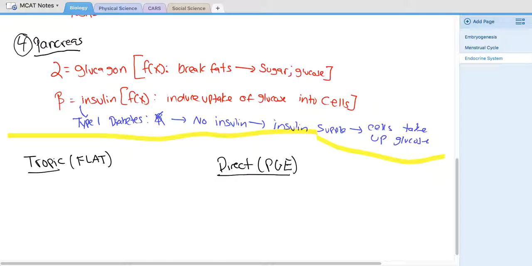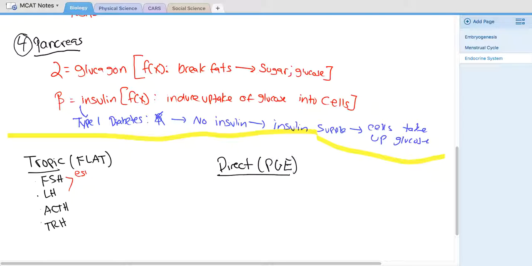Okay, so these hormones are going to be FSH, luteinizing hormone, ACTH, and you are going to have the TRH. All right, so let's put the functions in red. These two are important in reproduction.